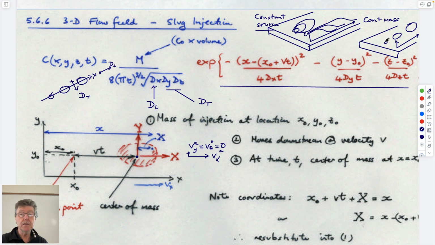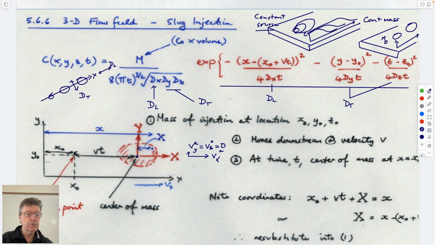This is the mass that's put in at this location here. This is time. And this is just, this would be again DL, T sub L, T sub T, and so these are just the coordinates relative to this migrating location.